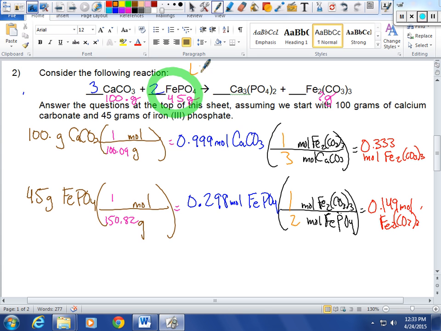Now, it just so happens that the lower number in the beginning was our limiting reactant. Guys, it won't always be that way. Yes, 45 is less than 100, but you can't assume, because it's like I told you day one. You cannot compare grams. Matter of fact, up there on the top one, what was the limiting reactant?